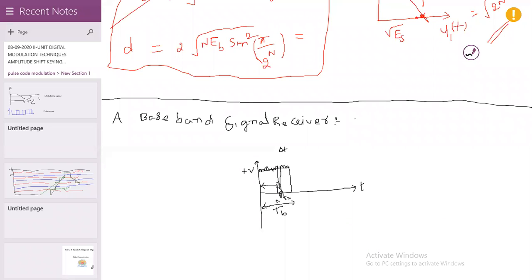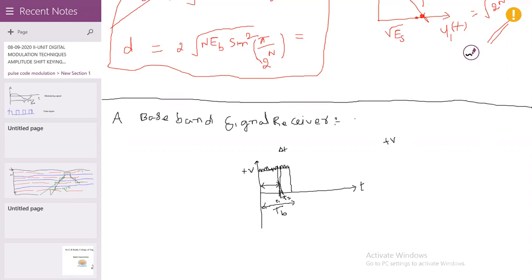From T1 to T2, during this delta T duration, the noise signal decreases. If the noise signal is 0, the output of the receiver is 0 volts, because the data signal is plus V volts and the noise is 0. There is no problem.